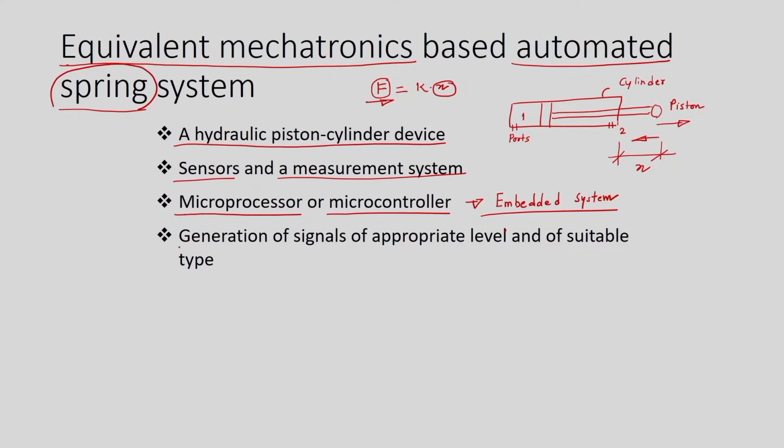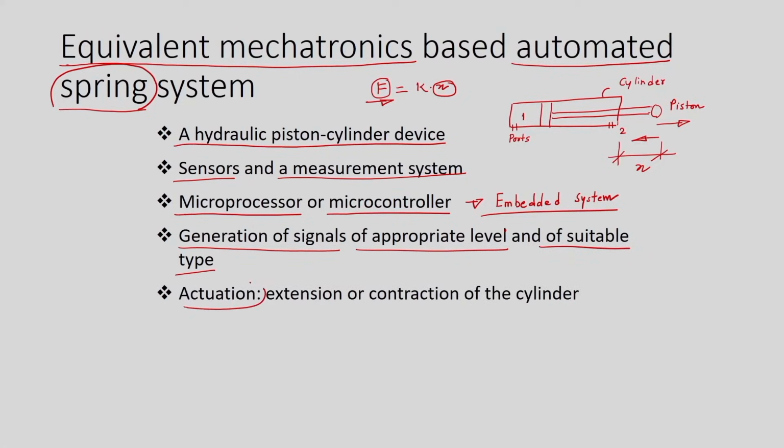Then the next building block is generation of signals of appropriate level and of suitable type. Then actuation. As we have seen, it is nothing but the extension or the contraction of the cylinder. This extension or contraction of the cylinder would be done by using pressurized hydraulic fluid.